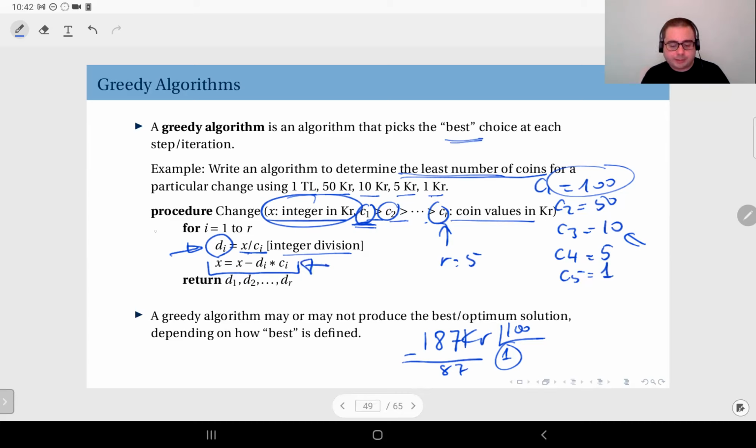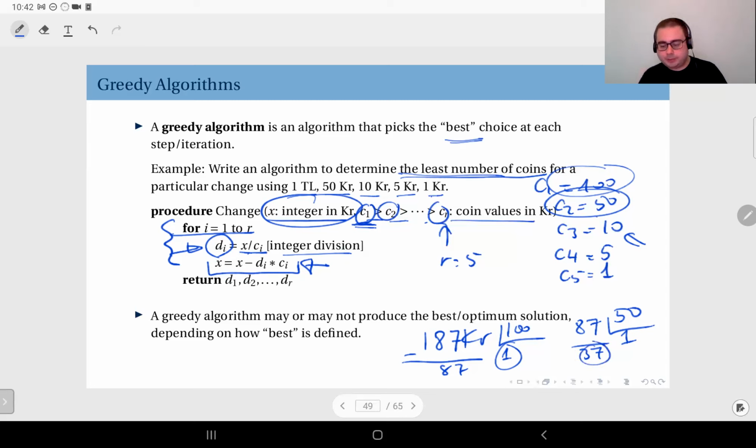And then you loop back due to this for loop. Okay, so 87 is my value, and I'm going to divide this by the next coin value, 50. That will also give me 1, and 37 will remain. Okay, so in this case, d2 will be 1, and x will be updated to 37.